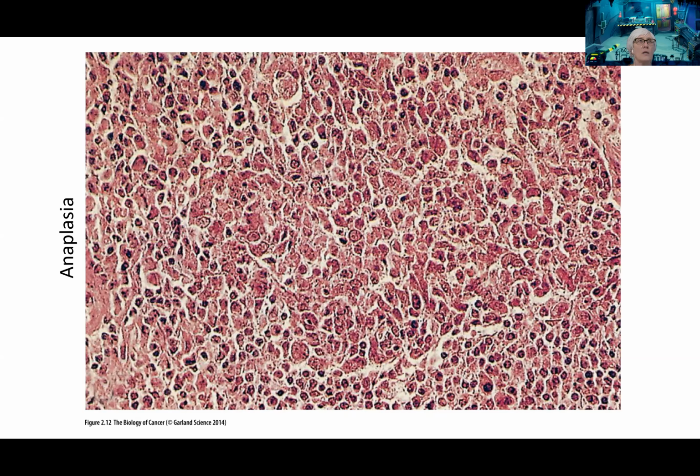As those smooth muscle cells move along the continuum toward a leiomyosarcoma, their expression of smooth muscle actin is going to decrease and eventually disappear, such that those smooth muscle cells will no longer be identifiable, if you will, as a smooth muscle cell because they don't express smooth muscle actin.